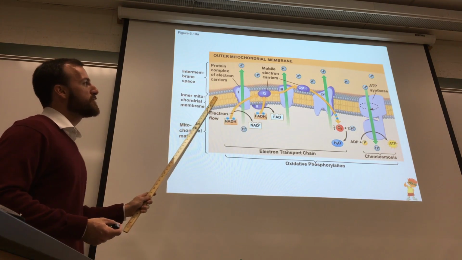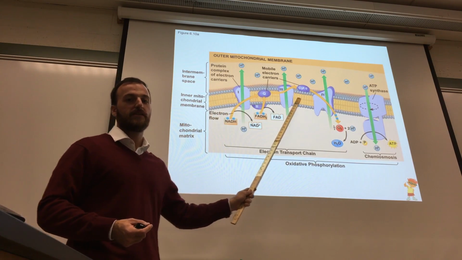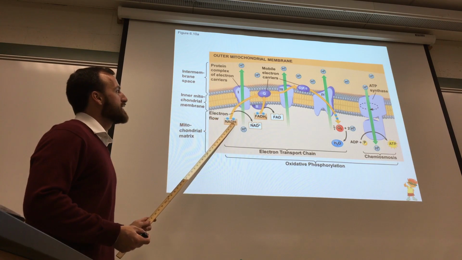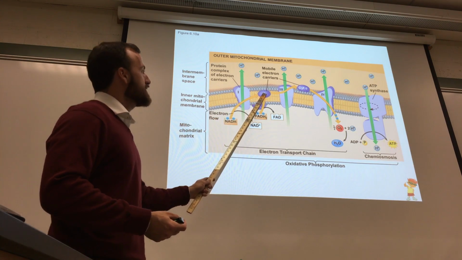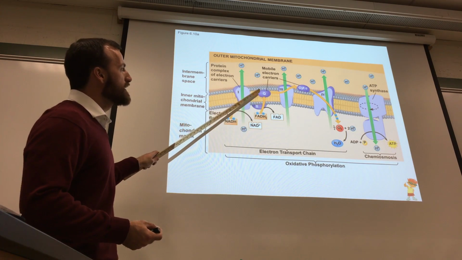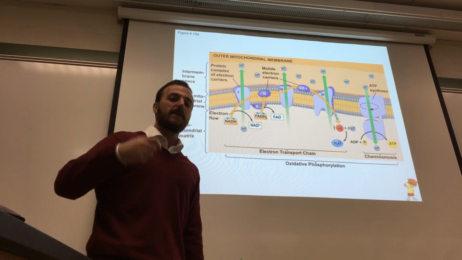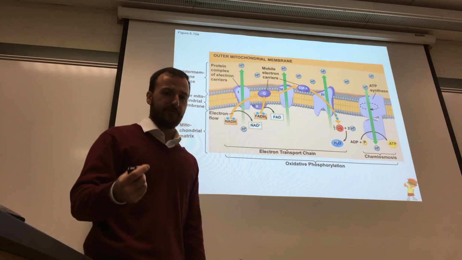Okay? We know this is a membrane by the presence of these phospholipid molecules here. Anyway, the electrons are dropped off at these particular embedded proteins, and in moving from each protein to each protein to each protein, they're emitting a little bit of energy.